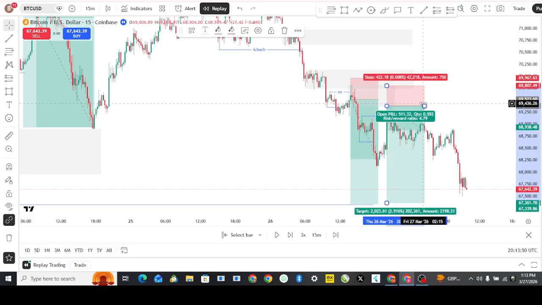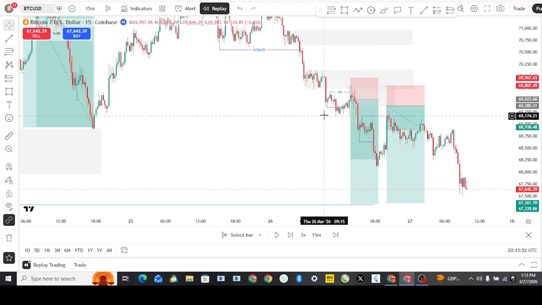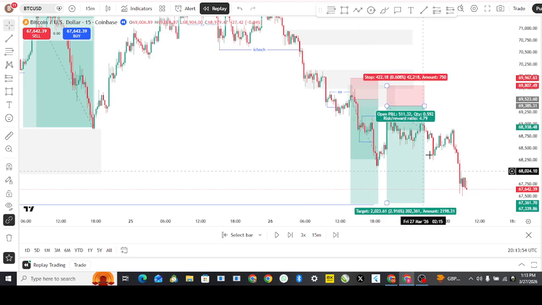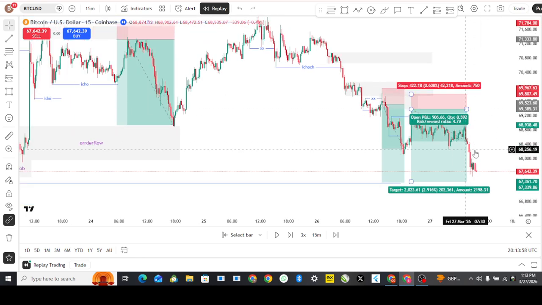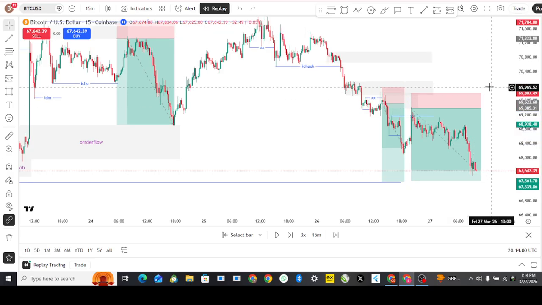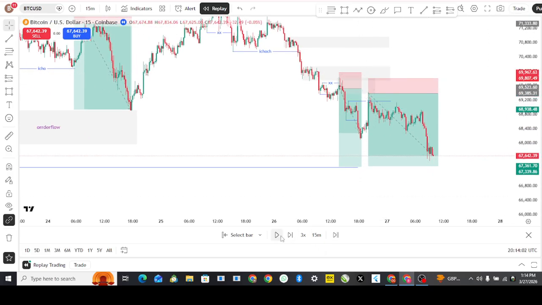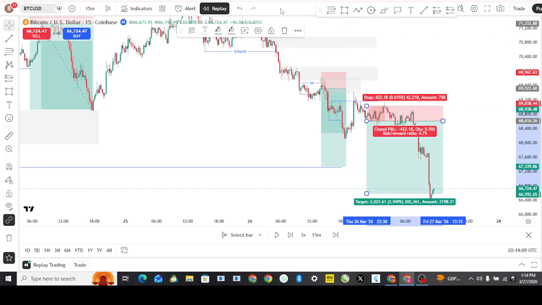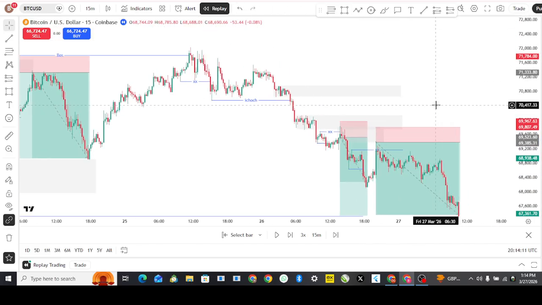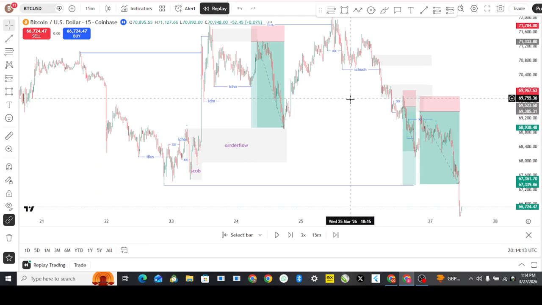See that the market mitigated our order flow, and boom, we now have this massive move to the downside. I think this will smash all the tips. Wow, can you see? If you don't open your eyes to spot opportunities on the chart, you miss out.